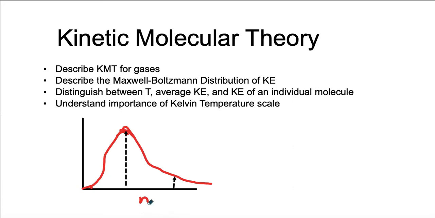The normal way of representing this is your kinetic energy is on the bottom and your number of particles is on the top. As you get higher and higher kinetic energies, you get a certain number of particles. The most is around where your average is, but slower or faster, you can have those in that direction.